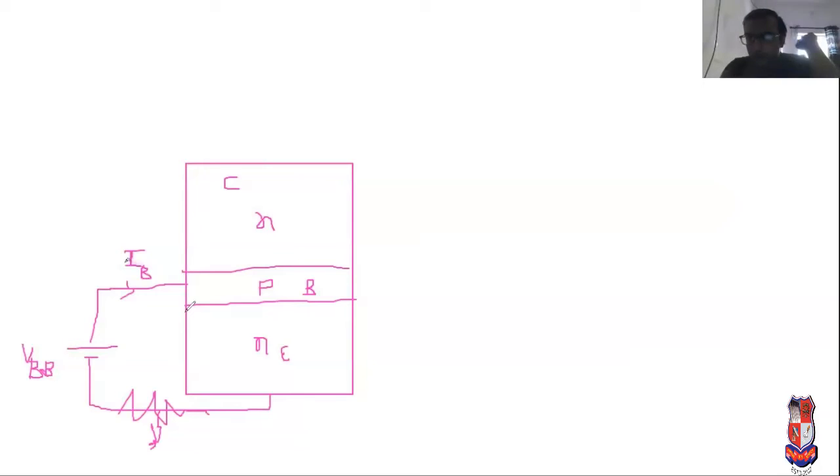Now due to this current flow, electrons travel from the emitter to the base, and the collector base junction must be in reverse bias. So see, this is the collector. Collector base junction reverse bias means the collector is connected to the positive terminal.